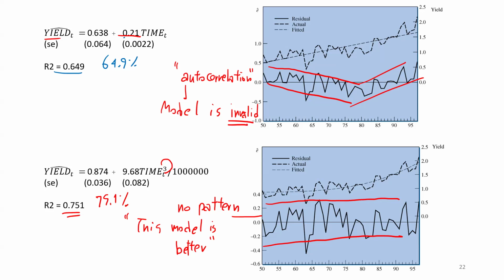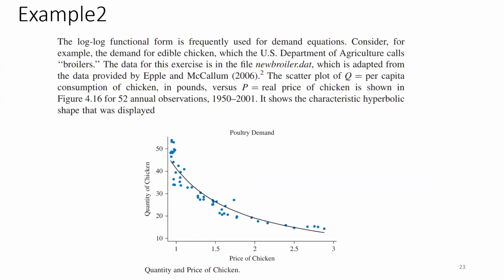More examples. Example 2: the log model is frequently used for demand equations. Consider, for example, the demand for chicken, adapted from data provided by someone. The scatter plot here is the quantity of chicken Q and price P, and this is like a demand function.